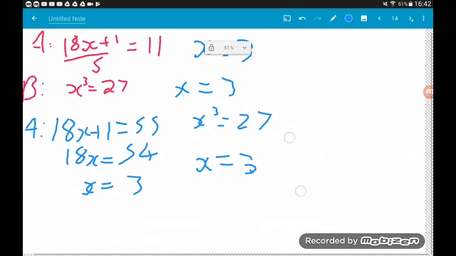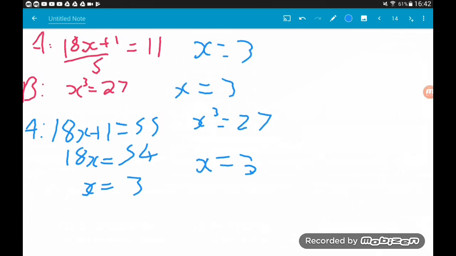Well, both statements have led us to the same result. x is equal to 3. So x being equal to 3 implies x is equal to 3. So the equivalence here is A implies B and B implies A. So either A is equal to B, A is identical to B, or A if and only if B.